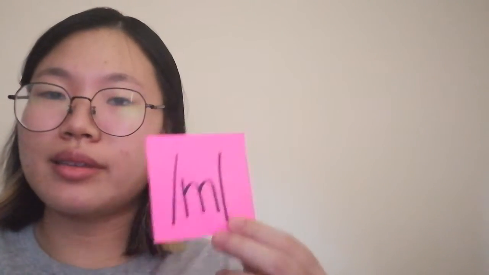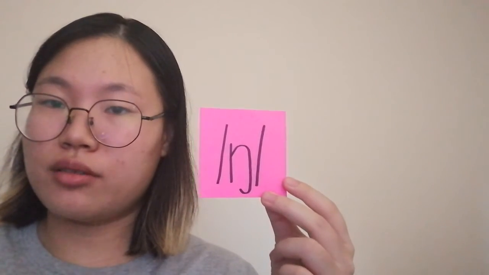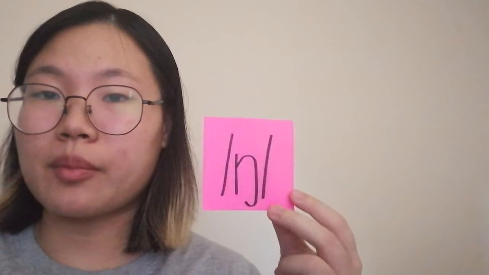Now we will go through the nasal consonants. The nasal consonants are the M, the N, and this particular sound, which is not the N, but is called the eng sound.